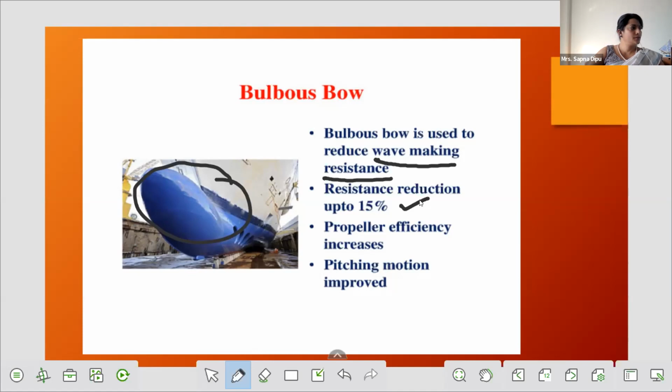Considering that, we have to design the bulbous bow. And we have many types of bulbous bows. In theory, we have the delta bulb, the nabla bulb, and the circular bulb. Based on the type of section we are using in the forward, we have to decide what type of bulbous bow we are going to select.